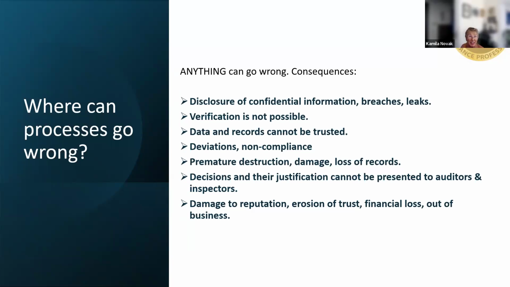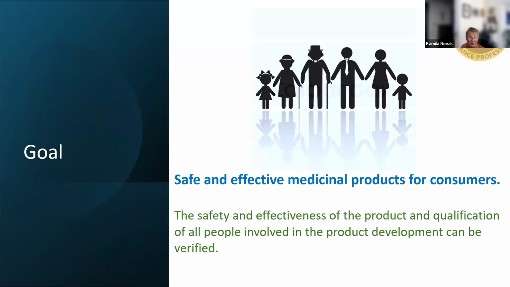So if something is not done and planned properly in the first place, that can delay the way of the product to the market, and that can delay the access of patients who are waiting for it. And that's what we don't want. We want safe and effective medicinal products for consumers. And make sure that we can prove that what we say we did, we really have evidence that nobody can refute.